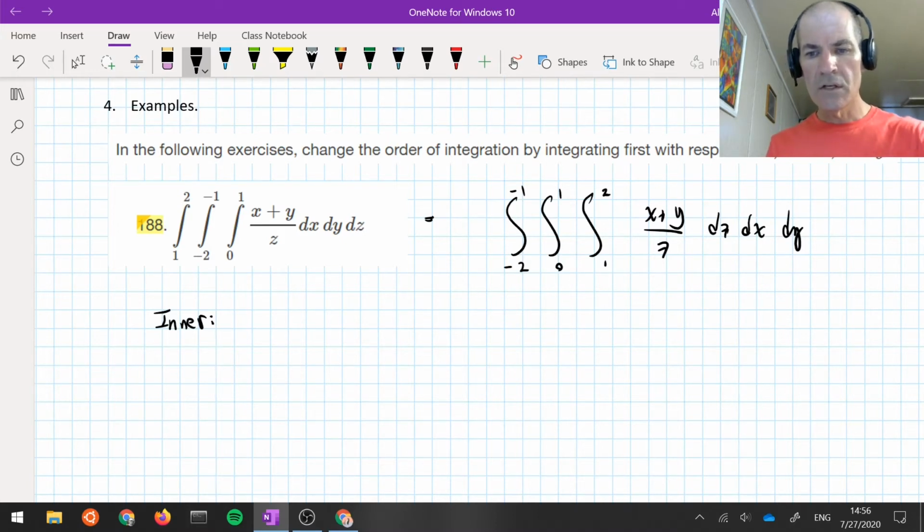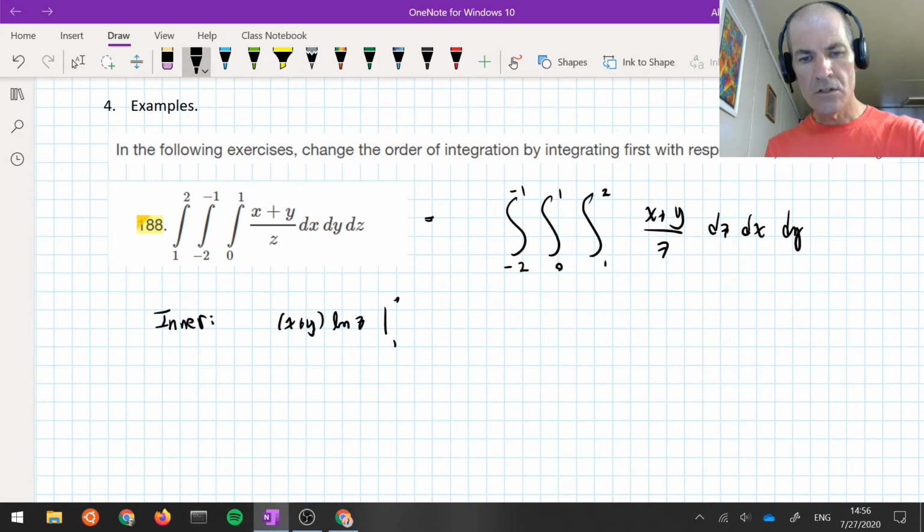We do the inner integral with respect to z, and that is going to be x plus y times the natural log of z from 1 to 2. Those of you from Calc 2 might remember that it should be the natural log of the absolute value of z, but since the range of z values is positive, we don't need to worry about the absolute value.